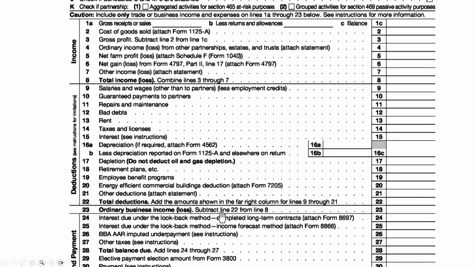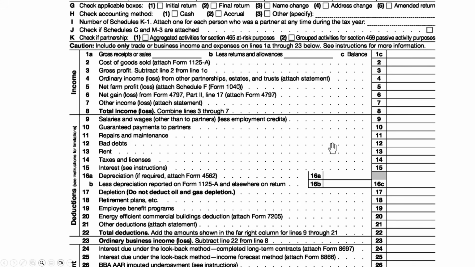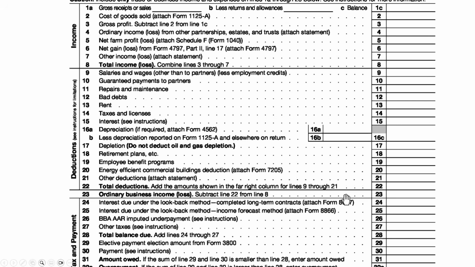We are going to be talking a lot about ordinary business income versus separately stated items. So this is that ordinary business income: the income and the expenses directly attributable to the partnership that are not being separately stated out to the partners on their K1.